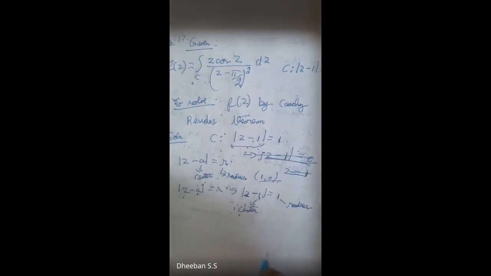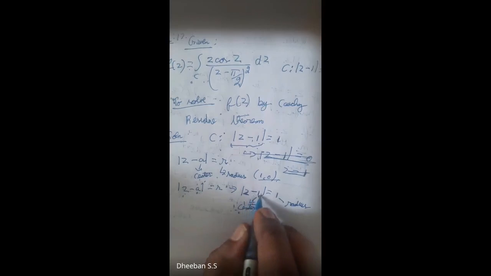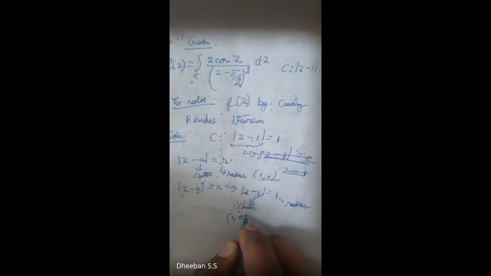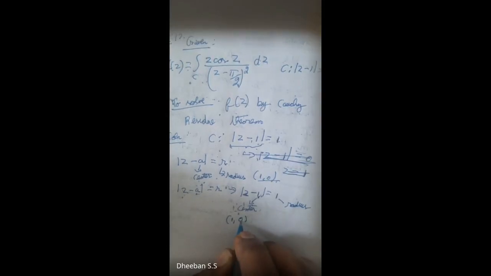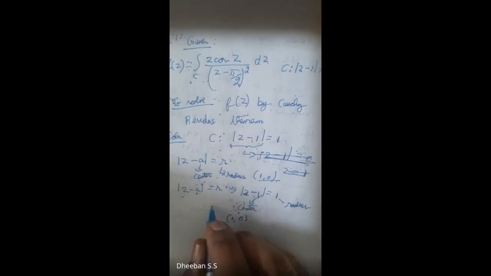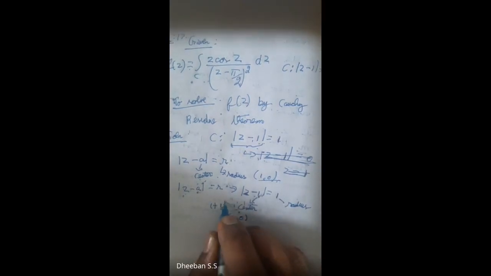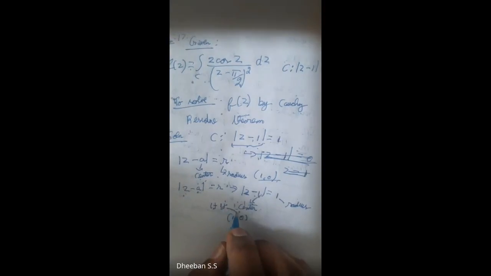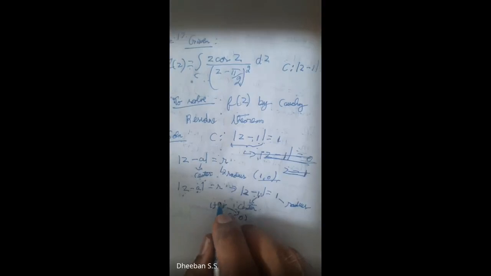Now if you are drawing, the center value will be 1 comma 0. Why is it coming with 0? If it took any other value, for example if it were 1 plus 1j, then this j value would correspond here. But over here it is 1 plus 0j, so your 0 will be coming here, and your center will be 1 comma 0.